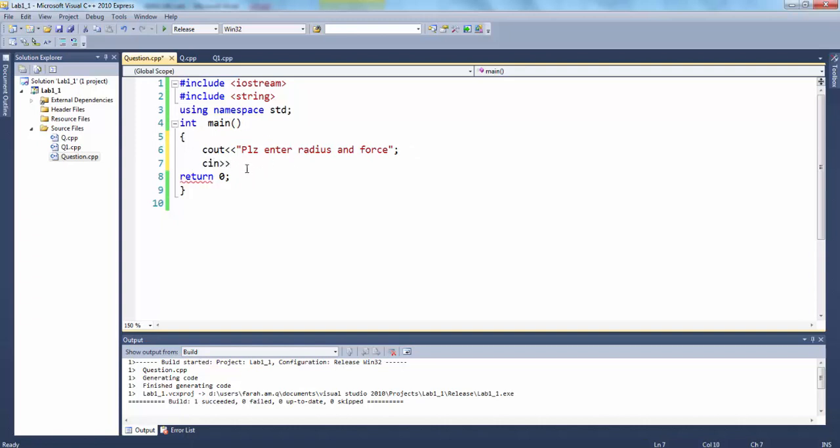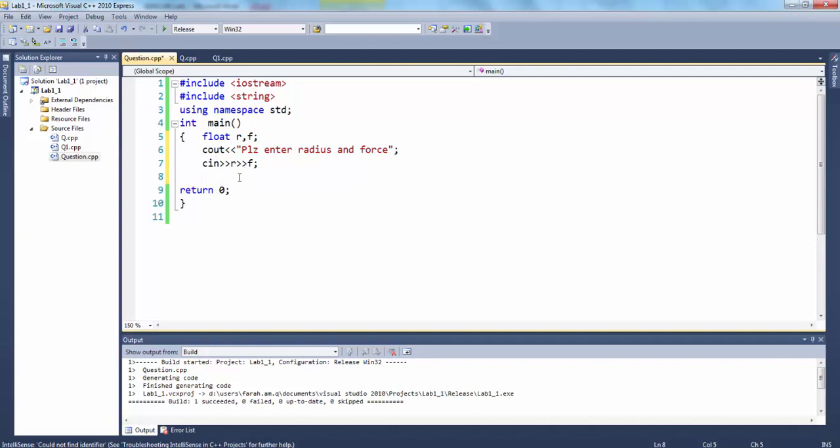Of course now I need to write the variable names, and I still did not declare them, so I will declare some variables. We know that the radius and the force can be floating point numbers, so we can use float or double. I will put float here. R stands for radius and F stands for force. So here I will enter the radius and the force together.